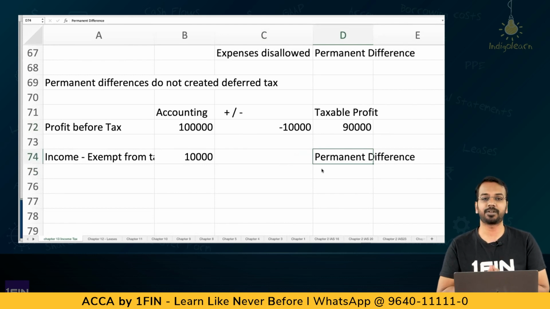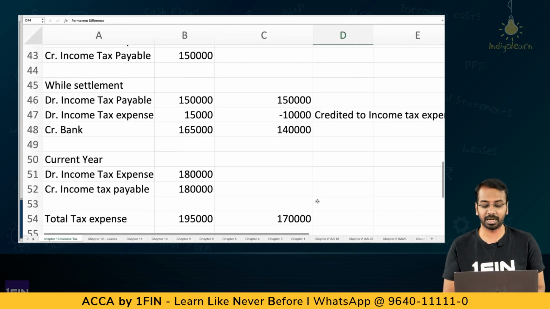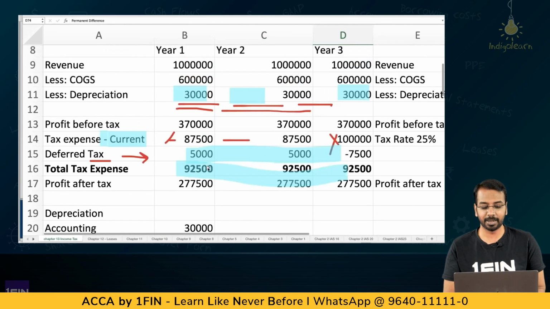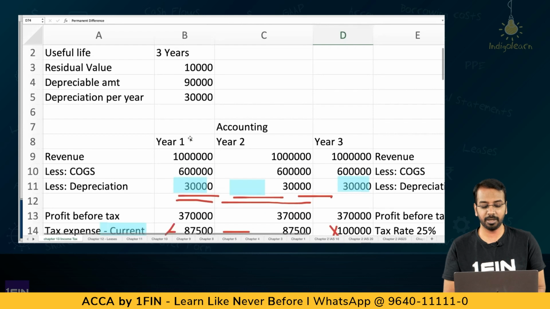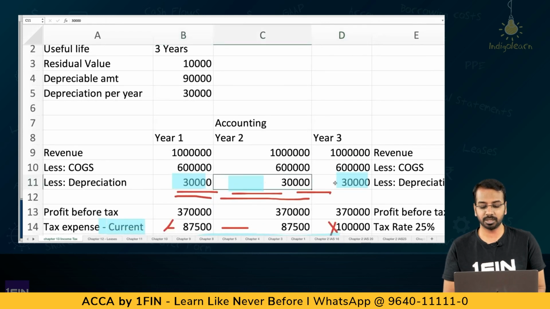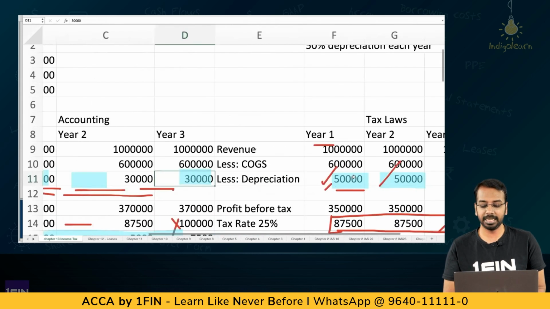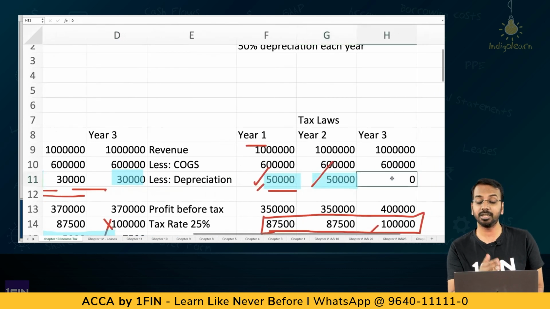So permanent differences are those differences which will never reverse in the future, unlike in case of depreciation. In depreciation, if you see 30,000, 30,000, 30,000. So year 1 higher depreciation, year 2 higher depreciation, year 3 lower depreciation.